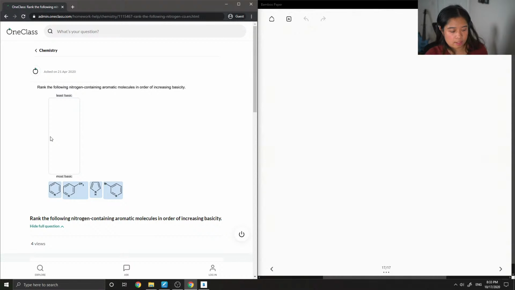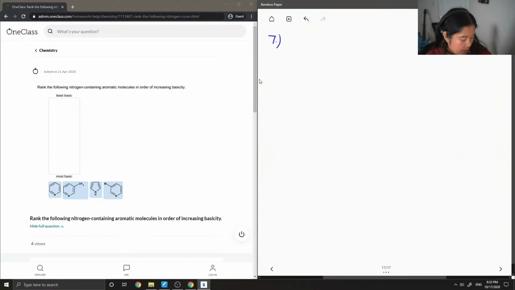Okay, so next it says to rank the following nitrogen-containing aromatic molecules in order of increasing basicity. This is question number 7.